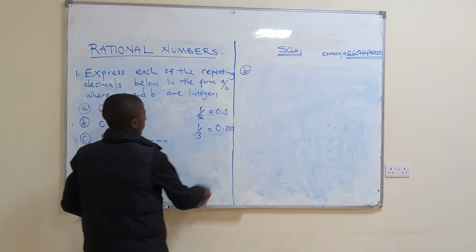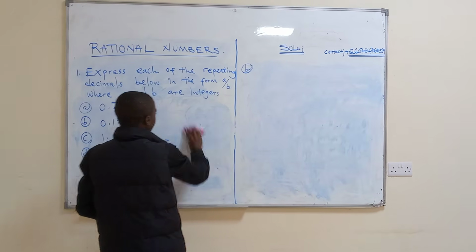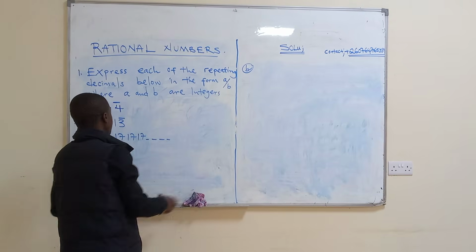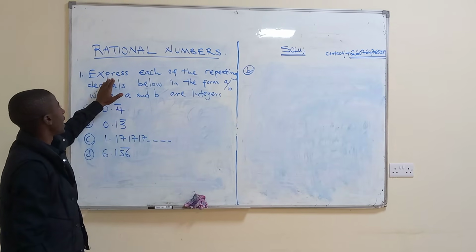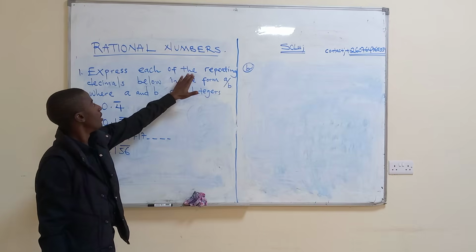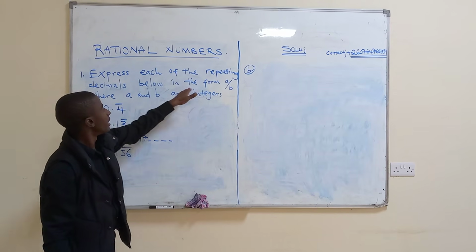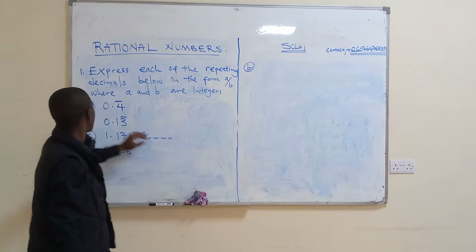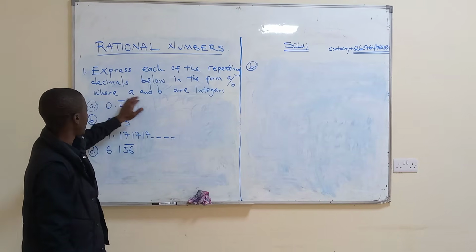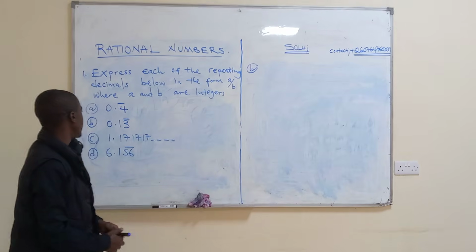So from there, now we can dive into what? Solving questions. So question 1 reads, express each of the repeating decimals below in the form a over b, where a and b are integers.